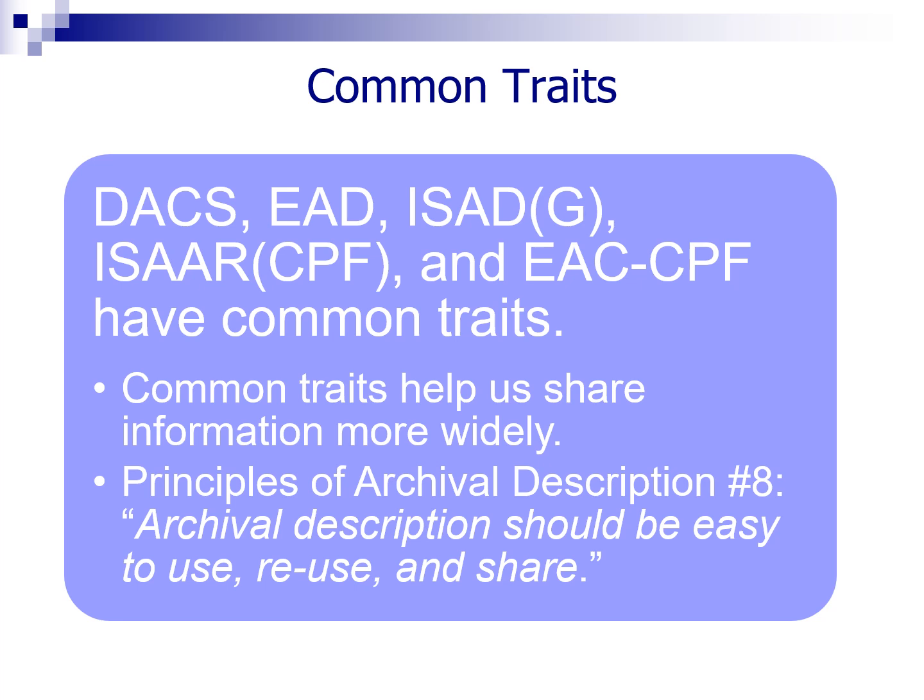These common traits help us share information more widely, as archivists around the world use similar standards to describe materials. This ease of sharing exemplifies a key principle of archival description. In fact, DACS has 11 principles of archival description, which were all covered in a different video about DACS. Principle 8 says that archival description should be easy to use, reuse, and share.